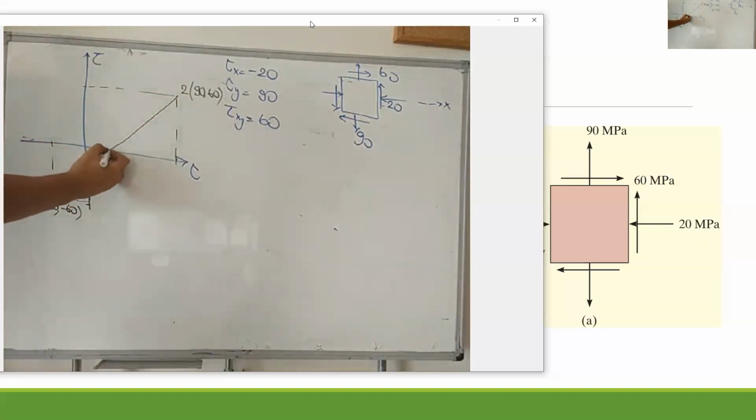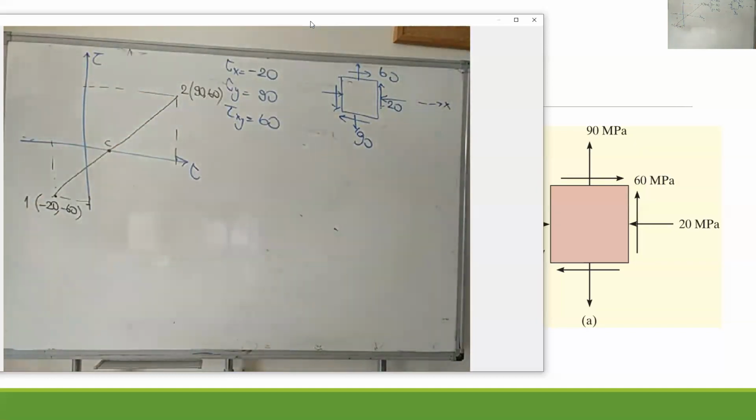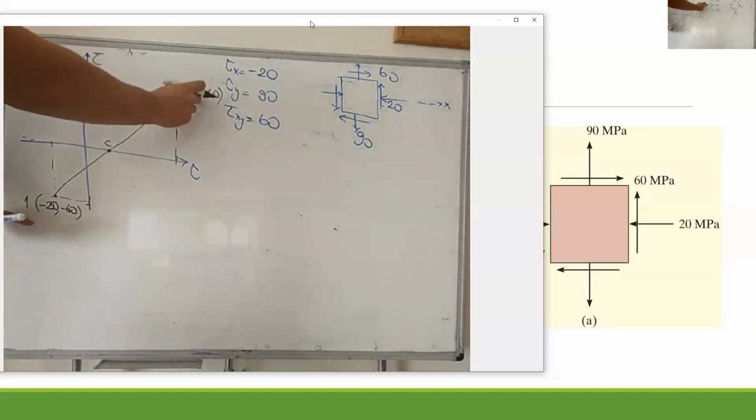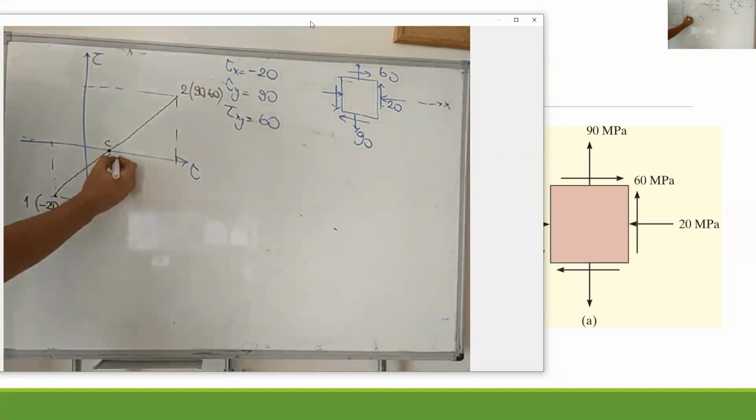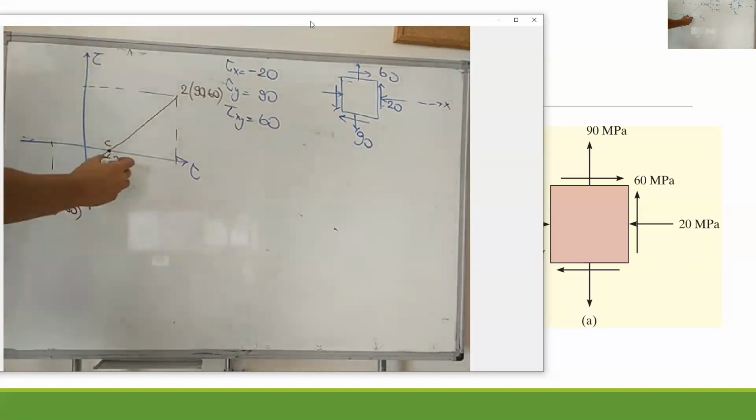Okay, and this is the center, and the location of the center is, you can see, 90 minus 20 is 70, and half of 70 is 35, so the center is at 35, 0.